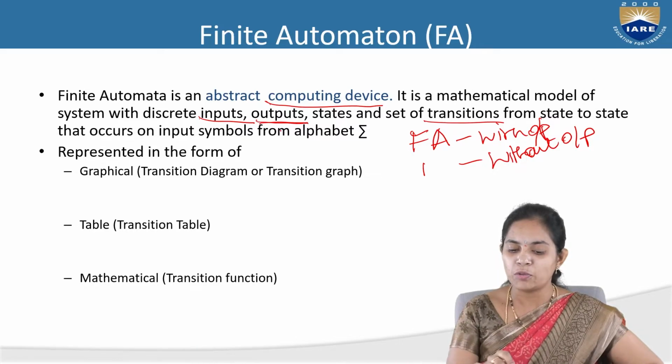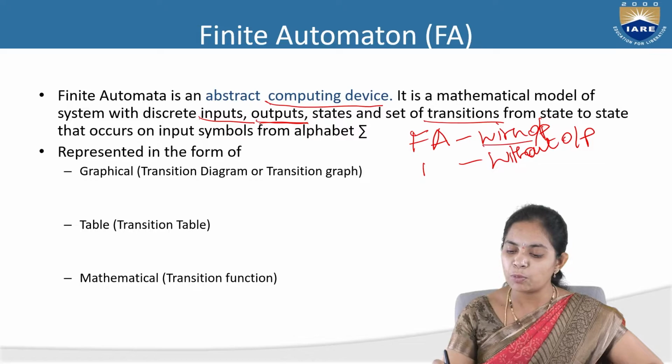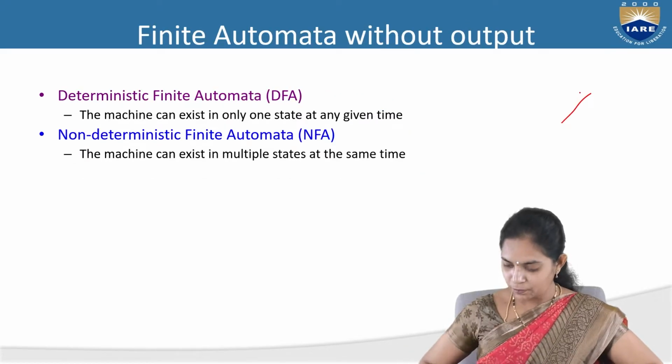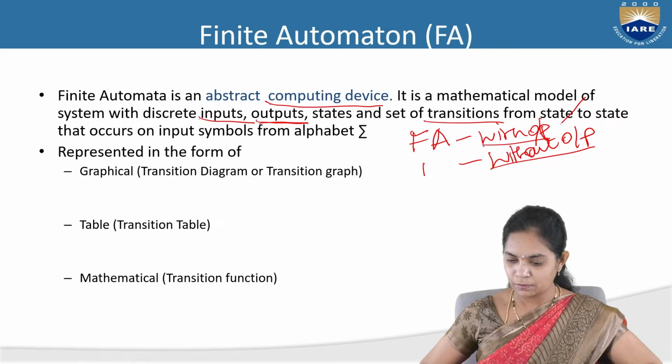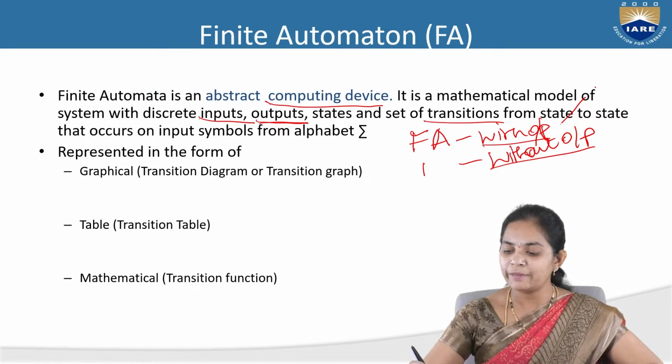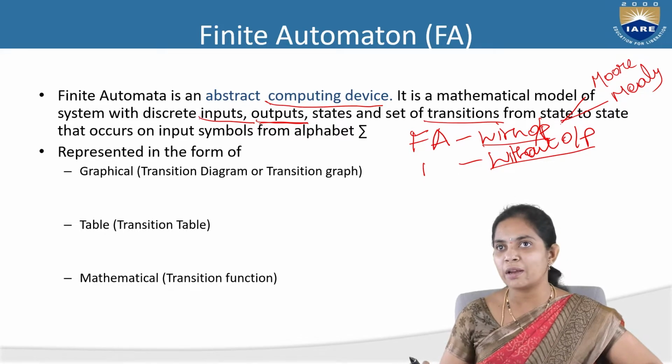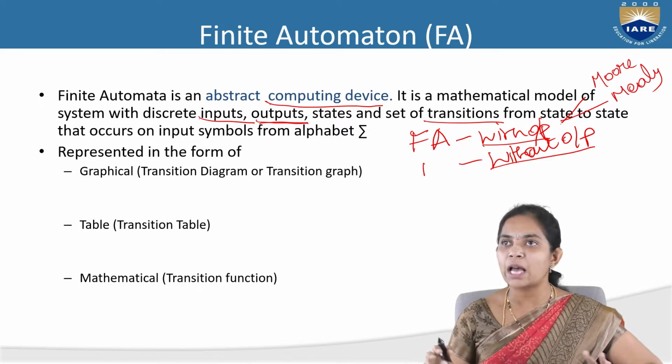For finite automata with output we have two models, Moore and Mealy. These are the two models which come from the finite automata with output.